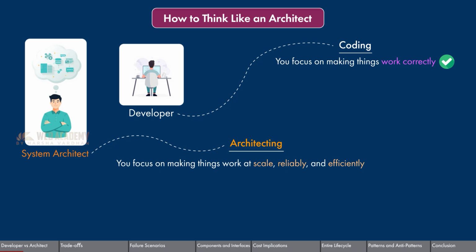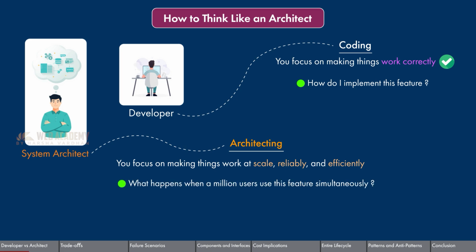A developer thinks about, how do I implement this feature? An architect thinks about, what happens when 1 million users use this feature simultaneously? A developer thinks about, how do I store this data? An architect thinks about, how much will it cost to store this data for 5 years?